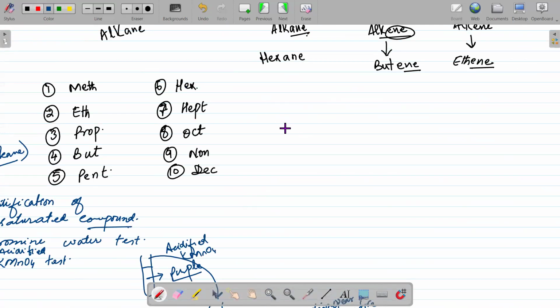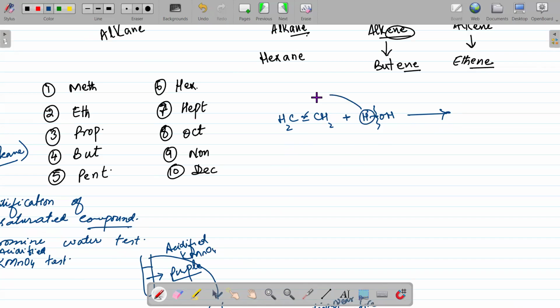Okay, what if I react ethene, which is an unsaturated compound, with water? Okay, the same type of reaction. One of the bonds will break. Is it clear? So water will also break.